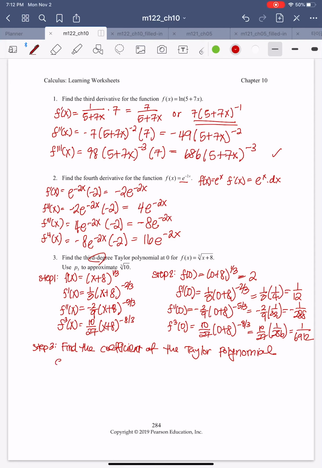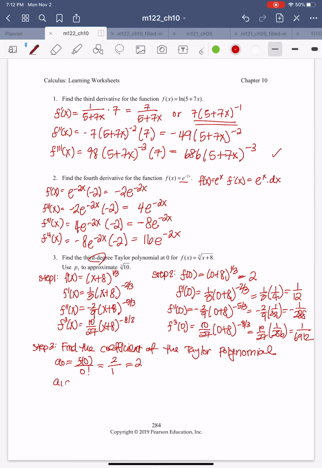So a sub 0 is just f of 0 over 0 factorial. f of 0 is 2, and 0 factorial is just 1. So it's 2.